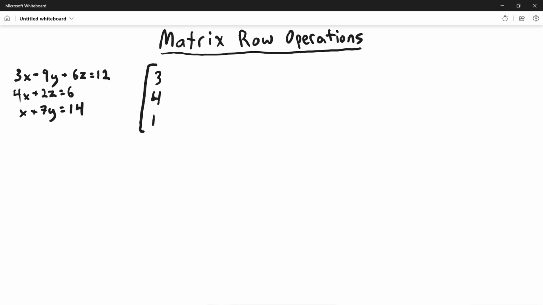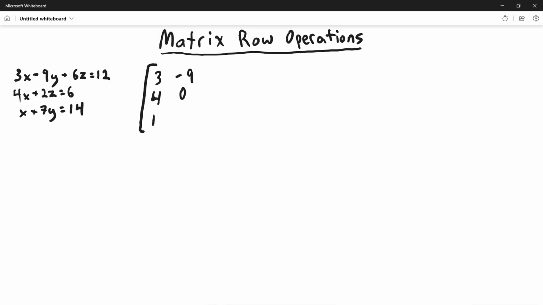Like that, and that is our left column of our matrix. The middle column is going to be our y variable. So in the first equation we have a minus y, so we're going to have a negative 9, since it's a minus and not a plus. In our second equation we don't even have a y variable, so we're going to put a 0 here.